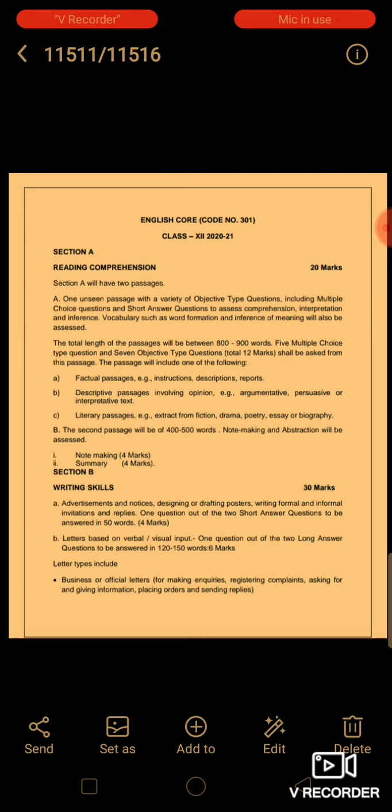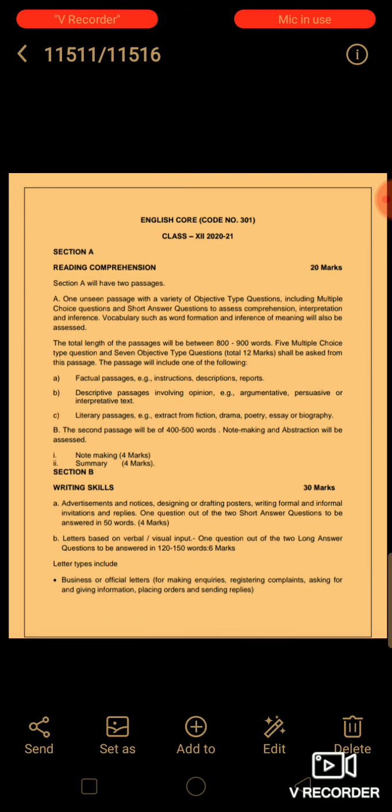Section A, that is reading comprehension, will carry 20 marks. Section B will be the writing section, that will carry 30 marks. Section C will be, I'm sorry, literature, that will carry 30 marks, and the total becomes 80, and 20 marks will be added of ASL.